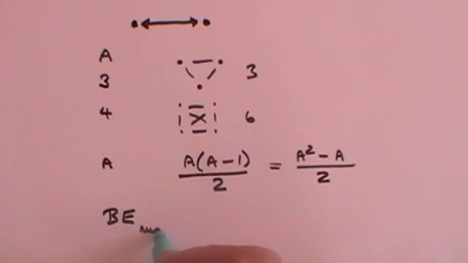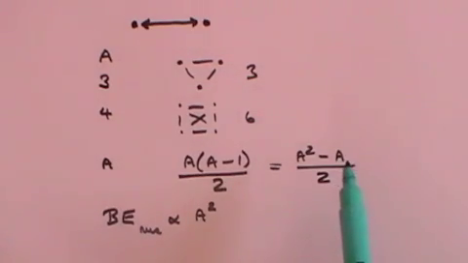So very roughly you can say that the total binding energy of the nucleus is proportional to A squared. Particularly as A gets larger, this A term is of less significance. Makes sense. As A increases, you'd expect the binding energy to increase.